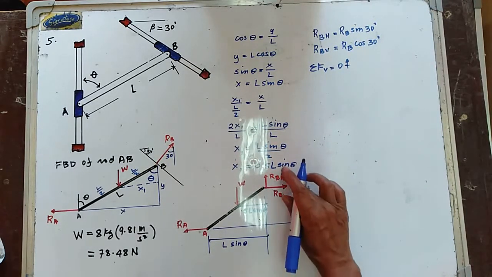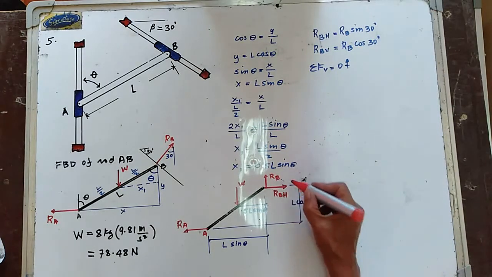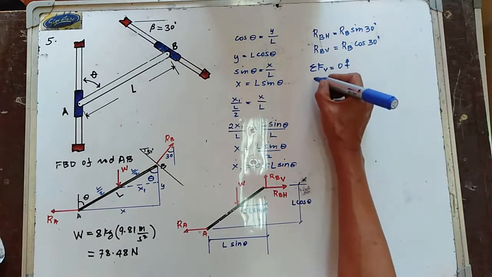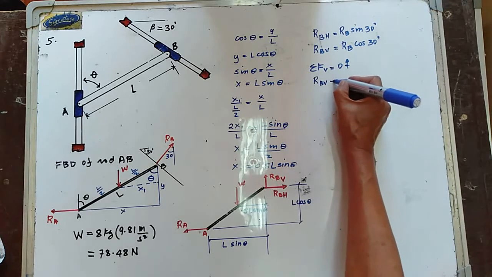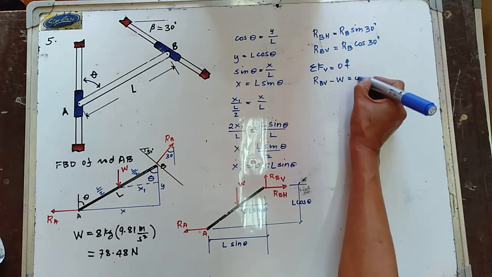So this is your RB horizontal, and that is your RB vertical. So your RB vertical is going up. RB vertical minus W is equal to 0.